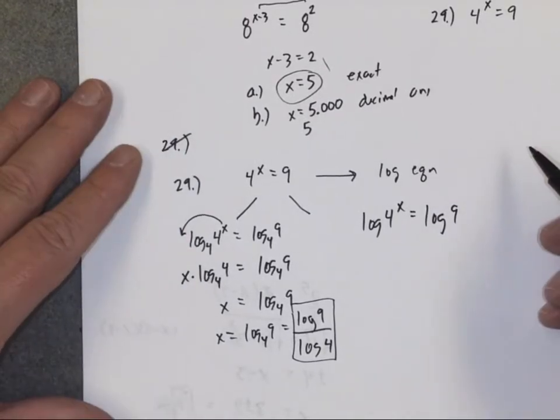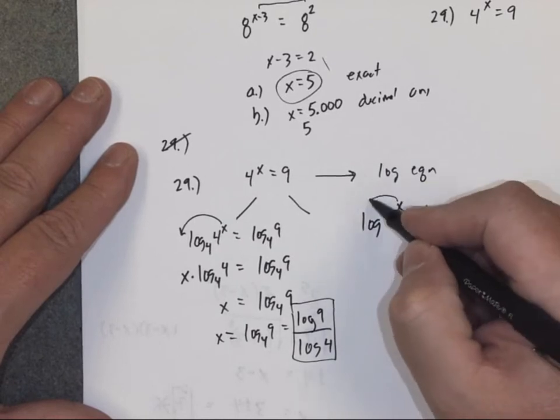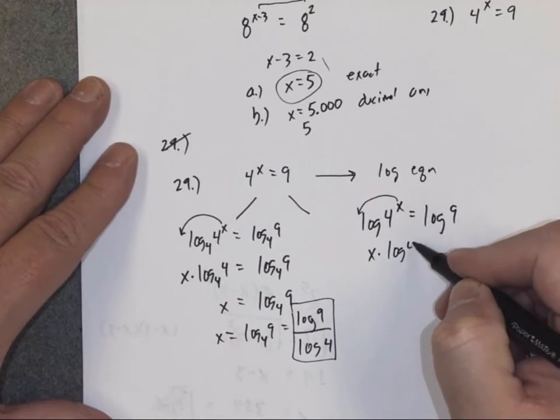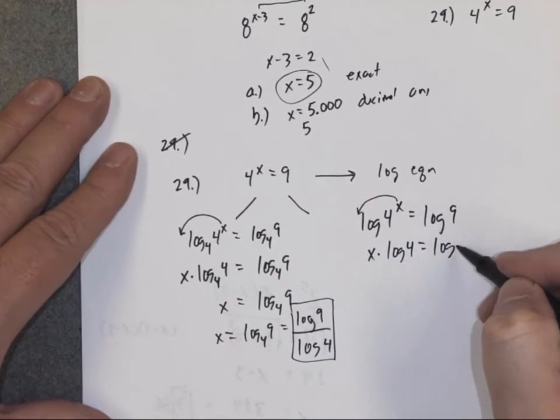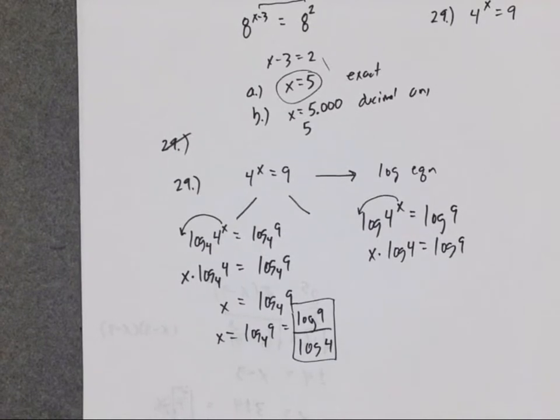Now, the rule about exponents still applies. If you have an exponent inside the log, it comes out front. So I have x times log 4, or common log 4, equals common log 9.